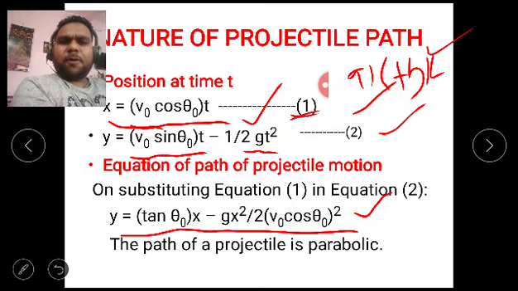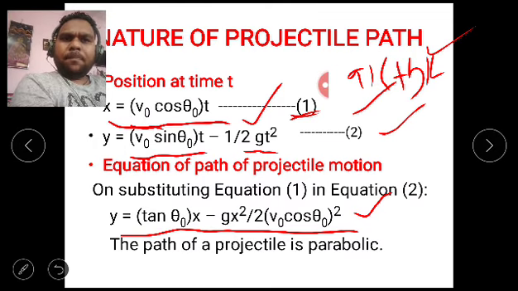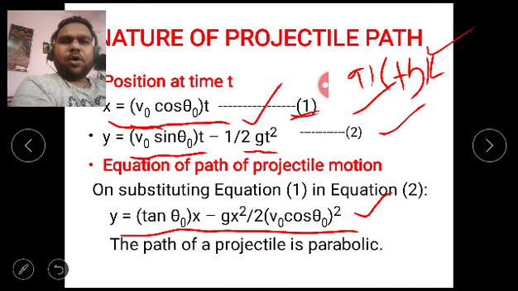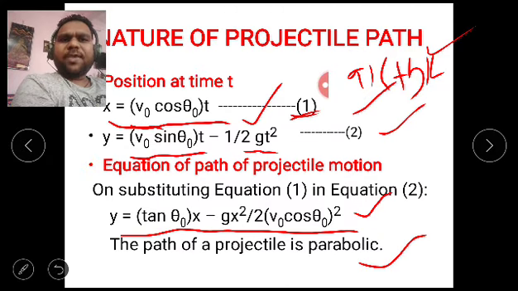It is of the form y is equal to ax plus bx square, where a is tan theta 0 and b is minus g by 2 within bracket v0 cos theta 0 whole square. So we are getting an equation of a parabola. That's how we can prove that the path of a projectile is parabolic in nature.